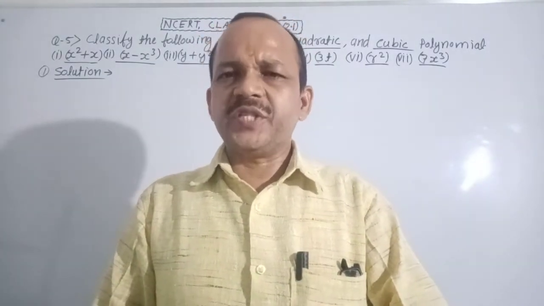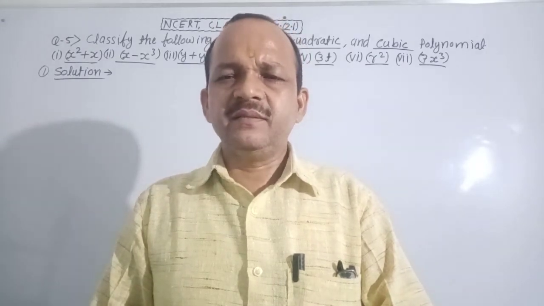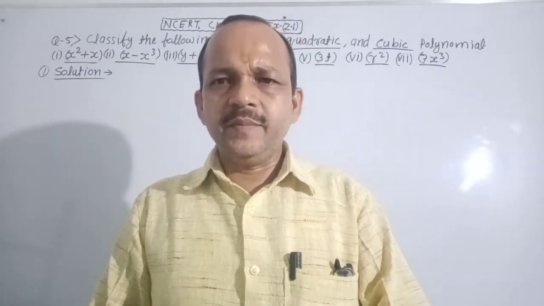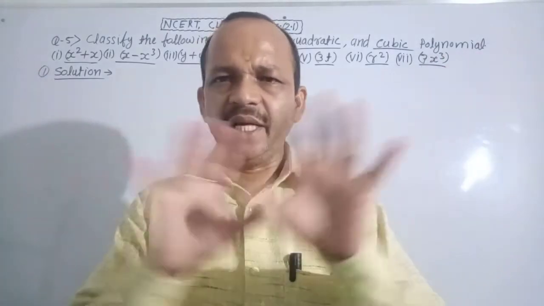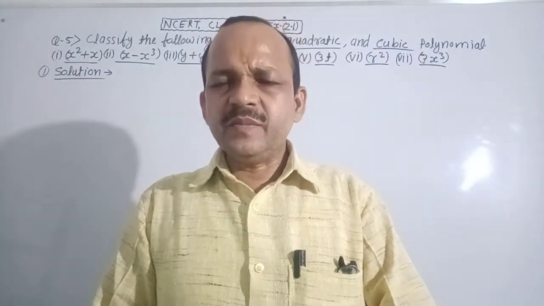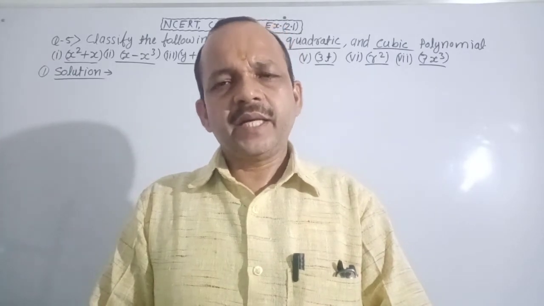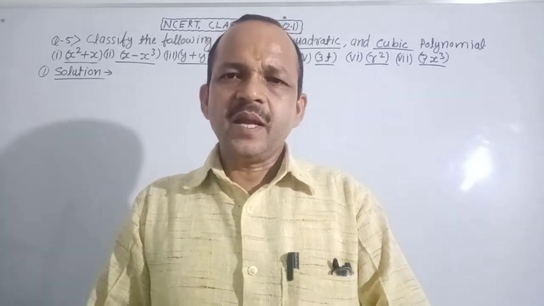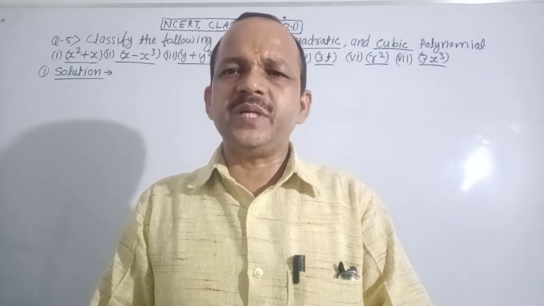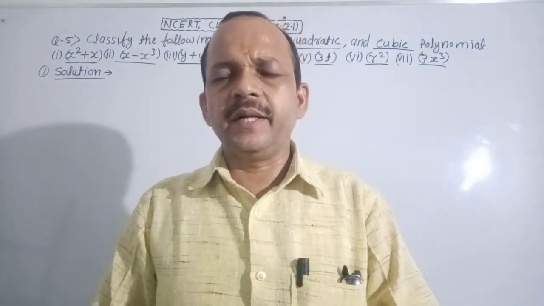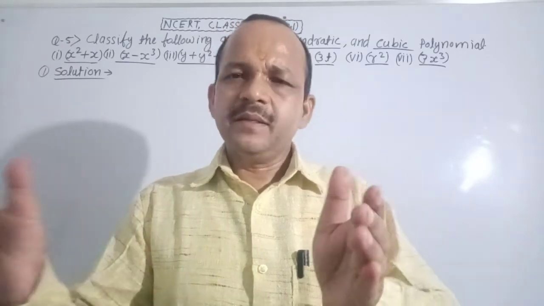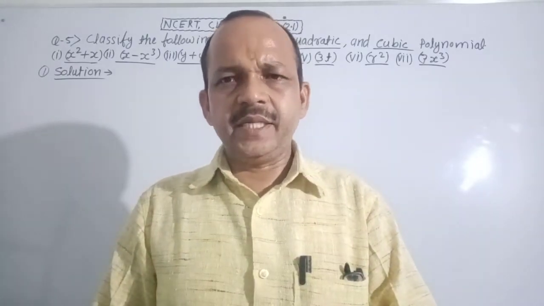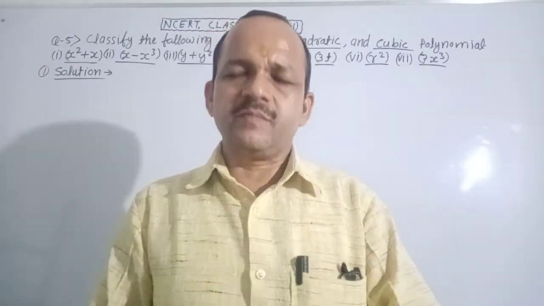Now I want to describe the operation, variable, terms, coefficients and degree of a polynomial. Plus and minus signs are called its operations. Alphabets x, y, z, a, b, c and so on are called its variables. The parts separated by plus or minus operations are called its terms.